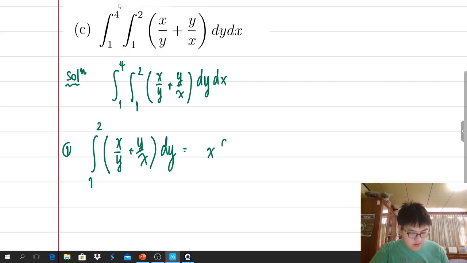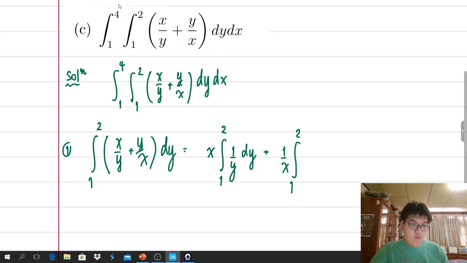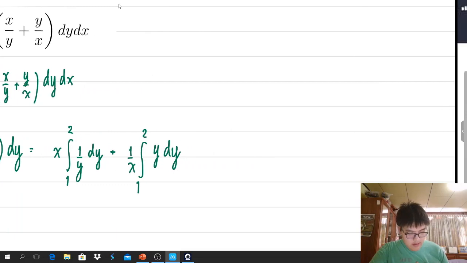Then x is constant, leaving only the integral from 1 to 2 of 1 over y dy, plus 1 over x times the integral from 1 to 2 of y dy. It's so easy because you look at here, 1 over y will give ln y, and you don't forget about it here.